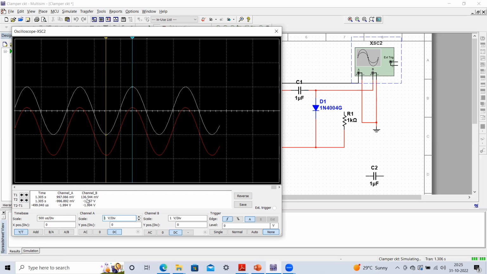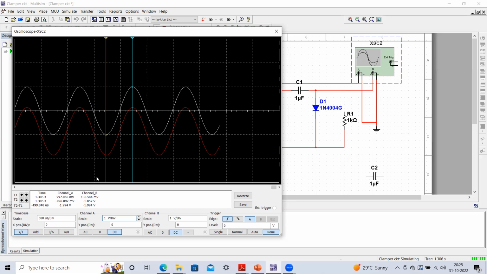This value at T1 is around 136.544 millivolt. And here you can find that this value is around minus 1.994 volt. This value is minus 1.857 volt.